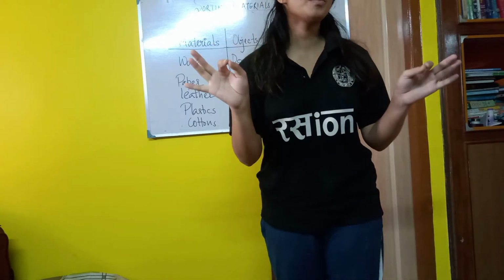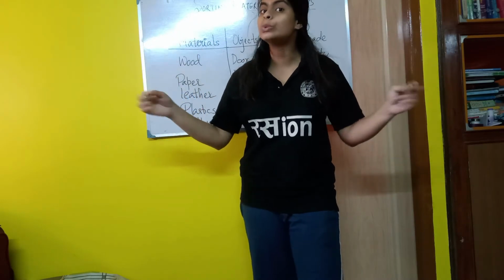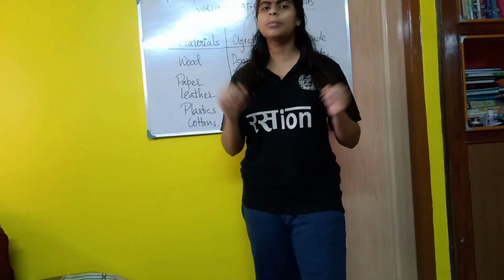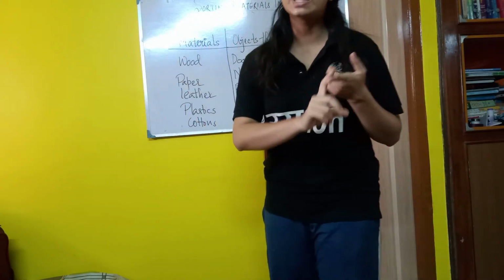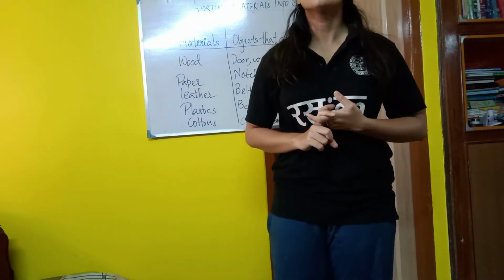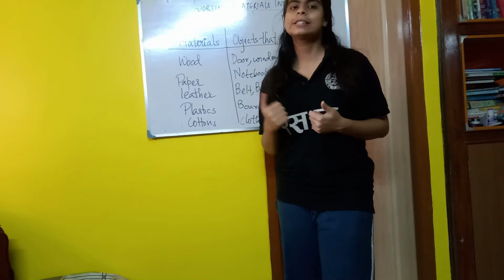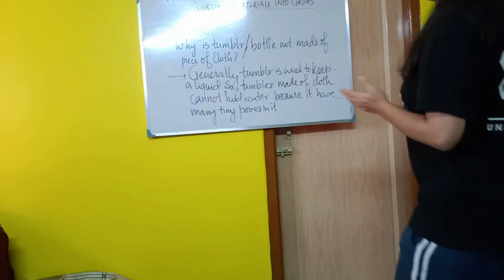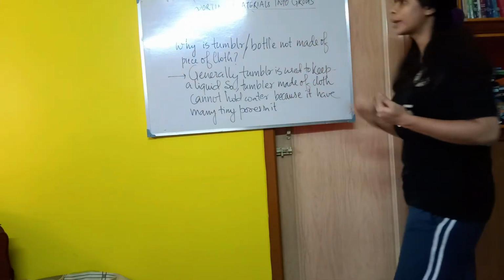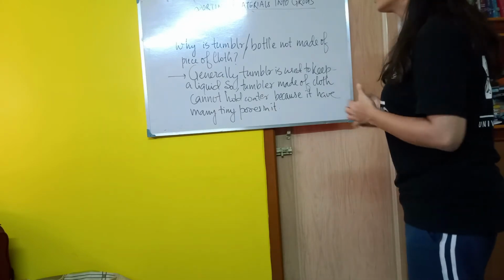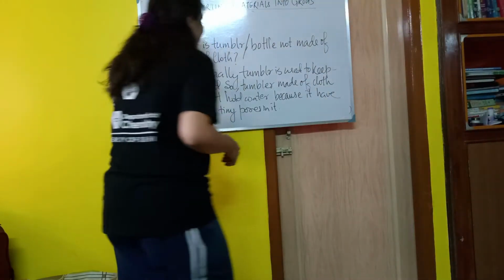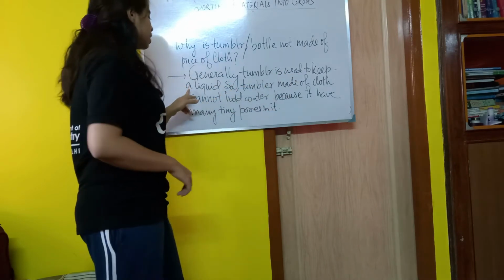Depending upon their properties they have different uses, right? With the help of this property we are going to group the materials. Here you can see why a tumbler or bottle is not made up of a piece of cloth. Generally the tumbler is used to keep liquids.